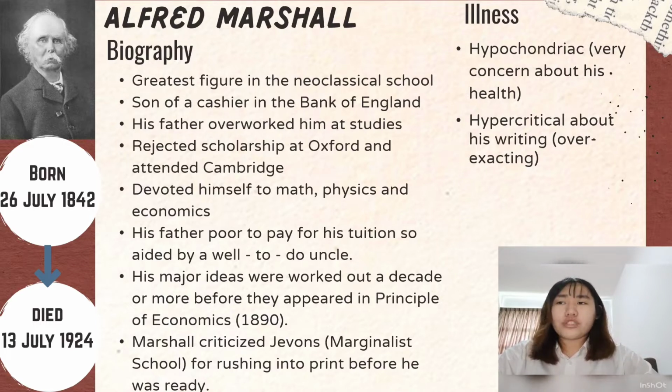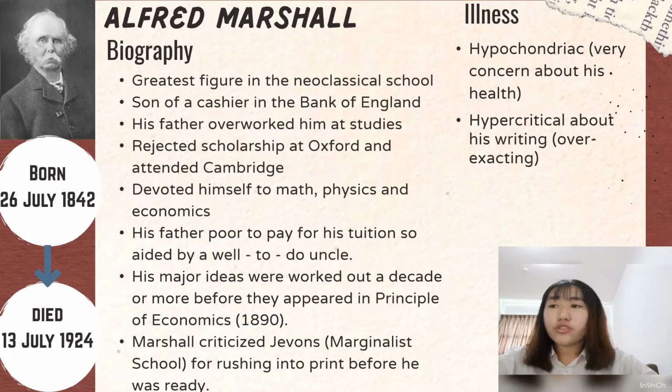Young Marshall rejected a scholarship at Oxford and instead attended Cambridge, where he devoted himself to math, physics, and economics. He was aided by a well-to-do uncle because his father was simply too poor to pay his tuition fee when the scholarship was given up.